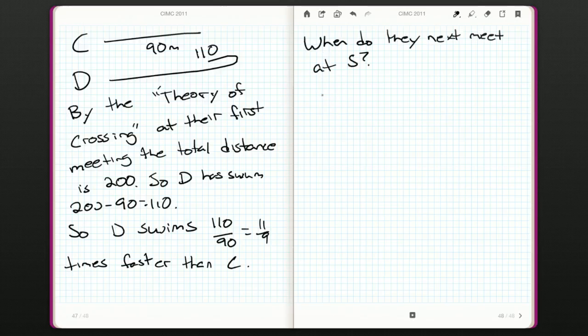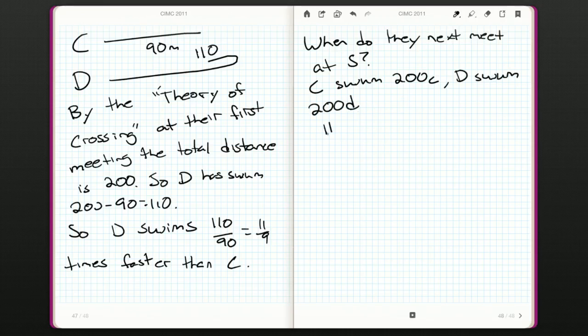well, anytime they're at S, C will have swum 200c meters, D will have swum 200d meters. Okay?